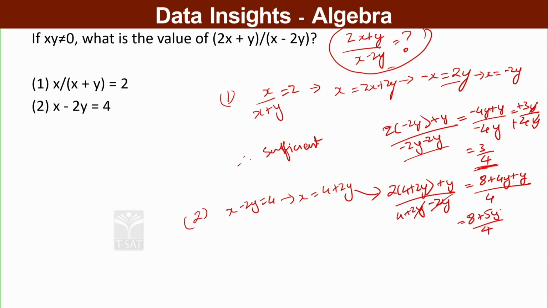Here we don't know the value of y, so we cannot answer this question. This is not sufficient information to find the value of that expression. So, the answer is option A, where statement 1 alone is sufficient to answer the question.